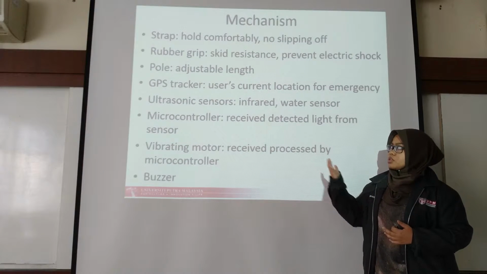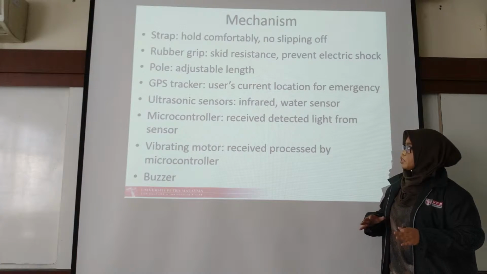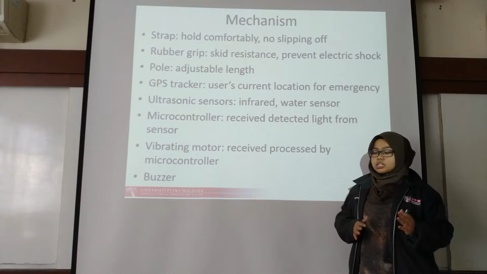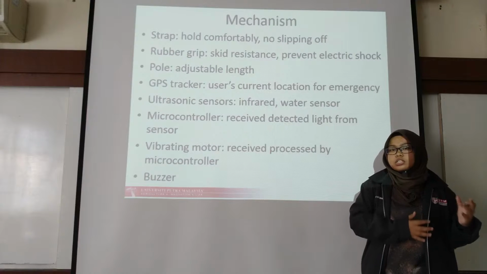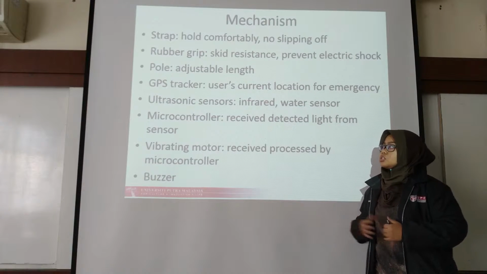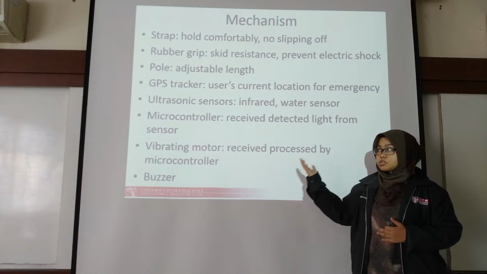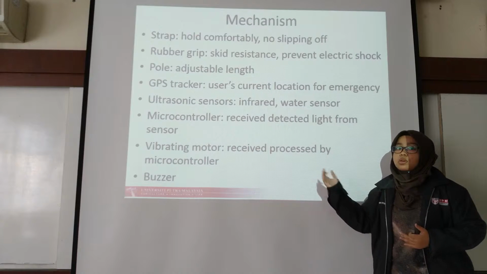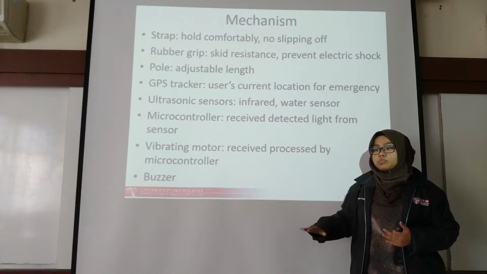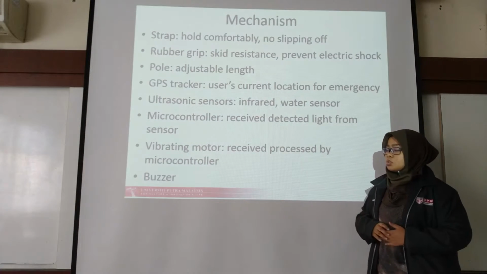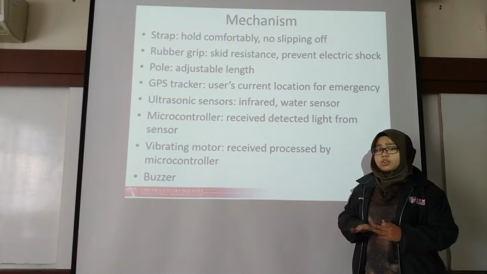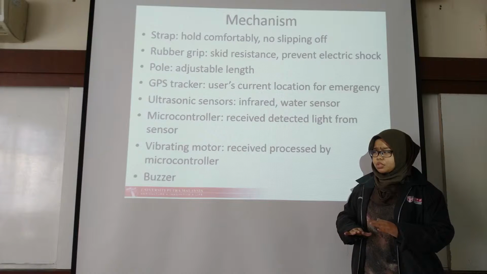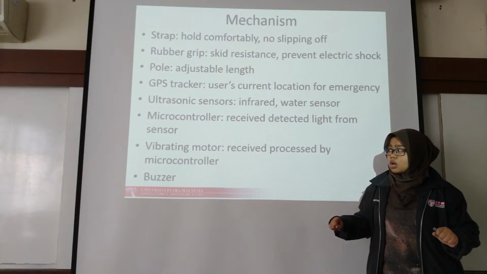Other than that, we have a GPS tracker, which can detect the current location of the user, and in case of an emergency, the location, time and all the details will be sent to the emergency contact. We also have ultrasonic, infrared and water sensors. We have 3 sensors located at the lower part, the bottom and the upper part, because this provides more coverage for obstacle sensing.